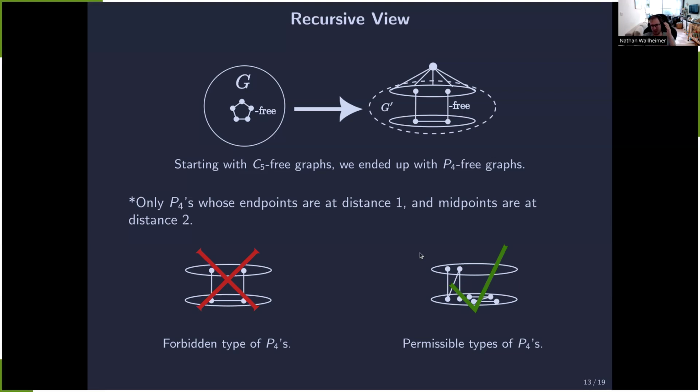So what we wanted to have is a graph that is P4 free, and then we could continue the same approach. So the idea is to use a more general notion of H freeness. Because we reduced to a more general notion of freeness, we have to solve a more general notion of freeness.